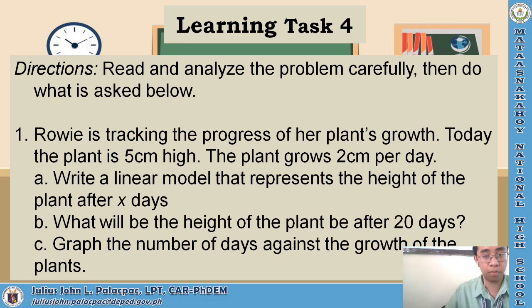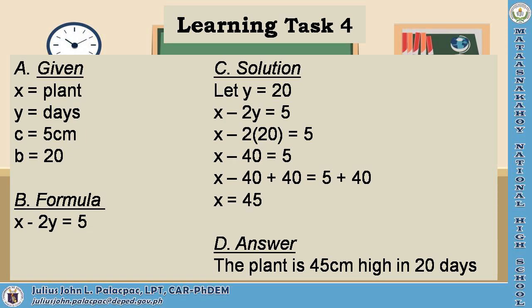So in here, we do not know the growth of the plant. So the plant is X. And then it grows 2 cm per day. So per day, day is Y. X plus 2y is equal to 5 as the constant.